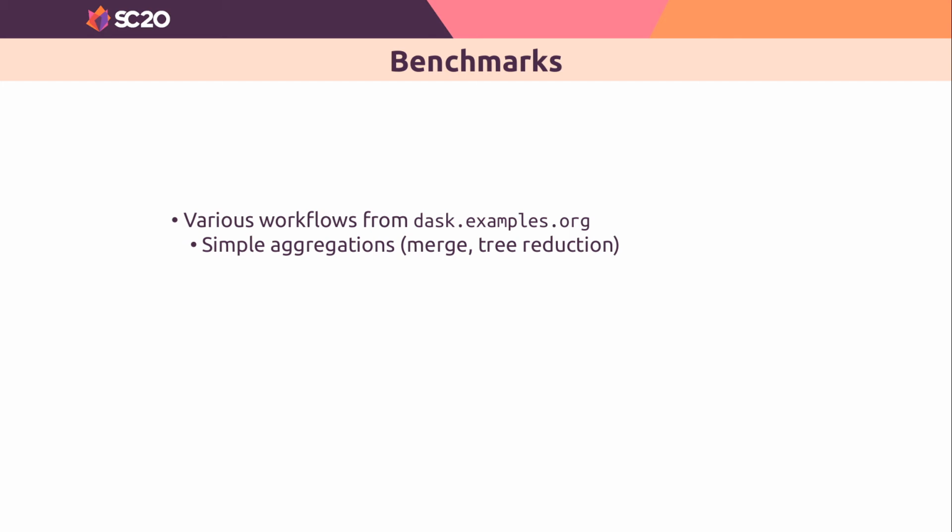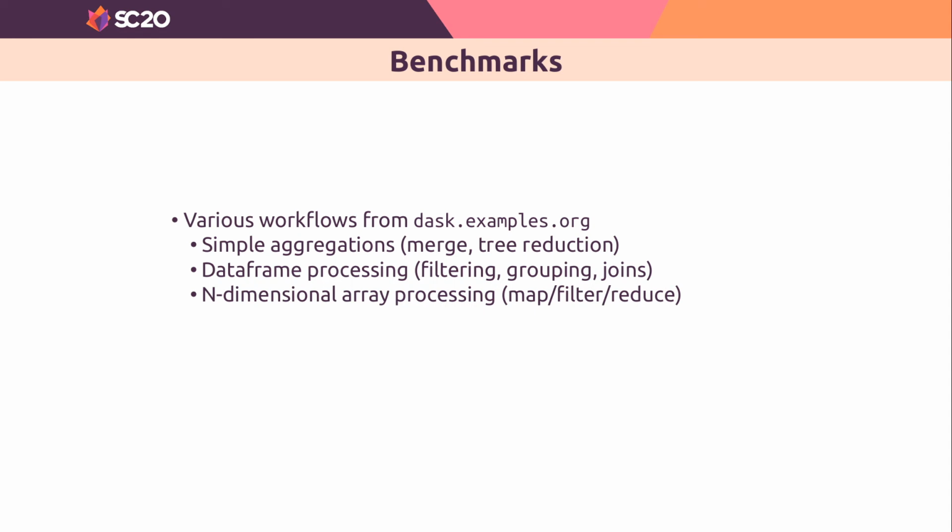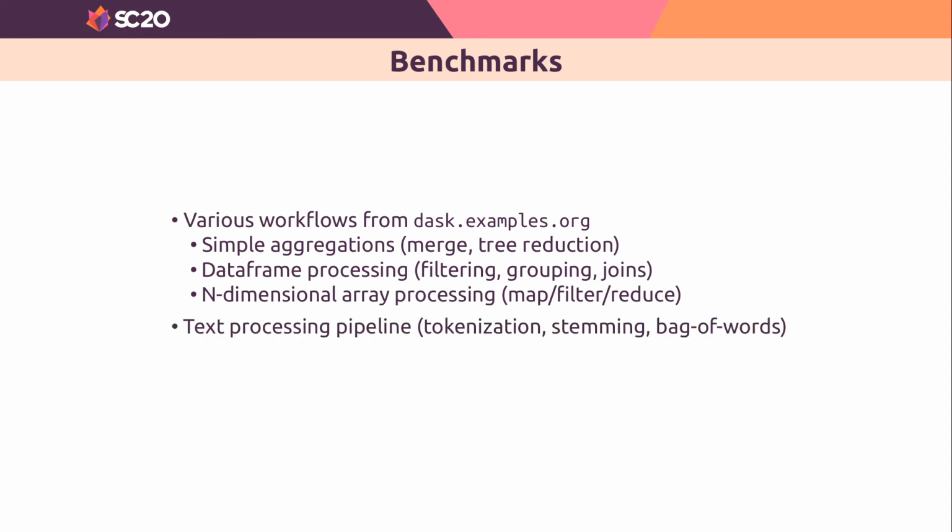We also benchmark various workflows that process data frames and n-dimensional arrays, and in addition, we also benchmark a real-world text processing pipeline. RSDS can run all of these benchmarks without requiring any modifications, which demonstrates that it supports the most common Dask workflows. The size of the benchmarked workflows ranges from several hundred to several hundred thousand tasks.